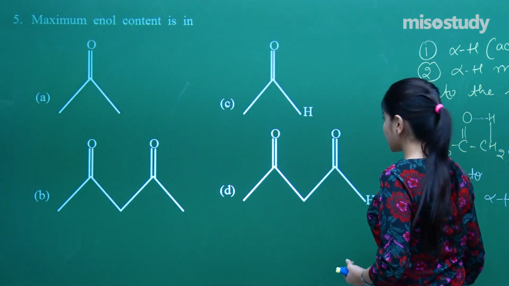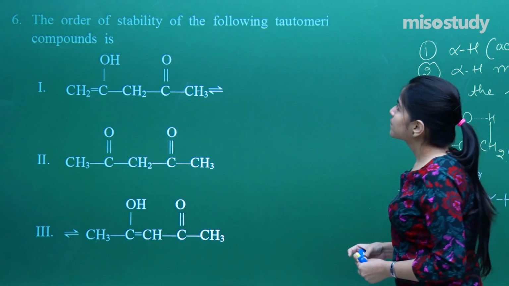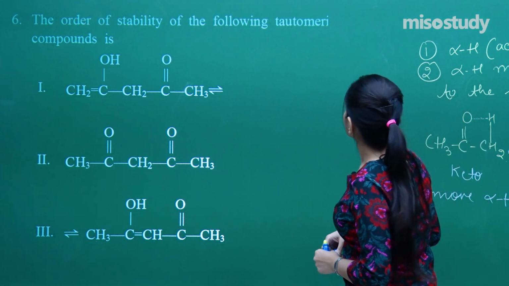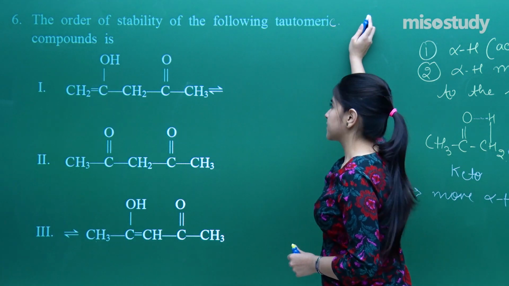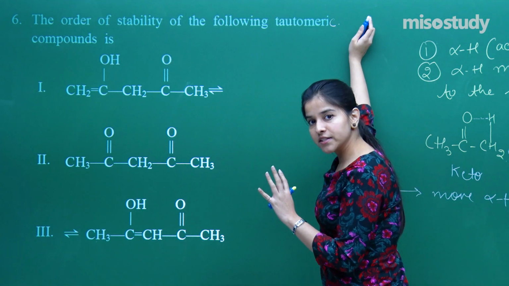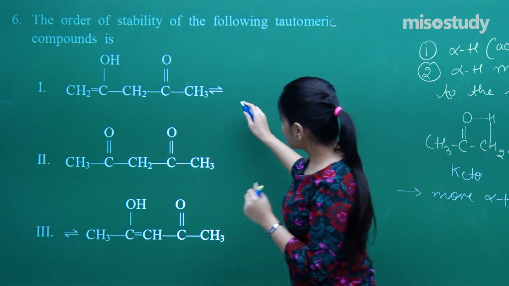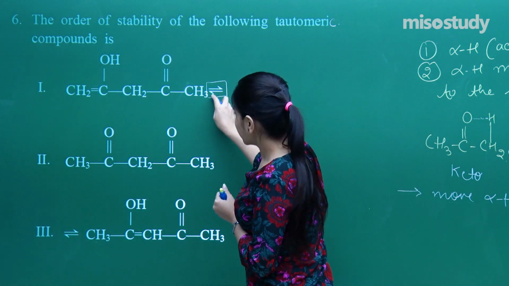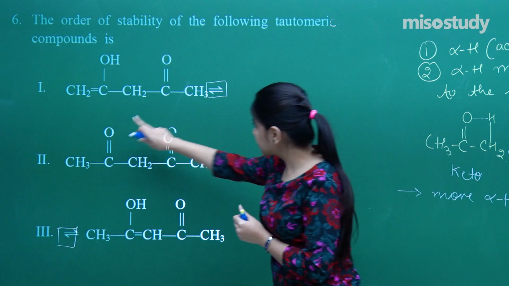Question number 6, what does it say? The order of stability of the following tautomeric compounds is. So I need to find out the order of the stability of these 3 compounds given. If you see over here, I have got an equilibrium condition for these 3 compounds.